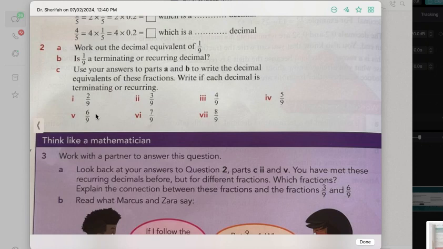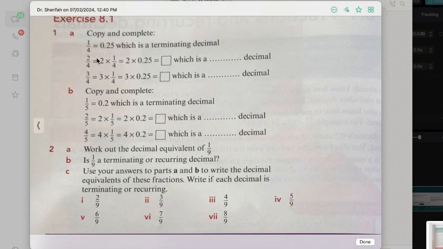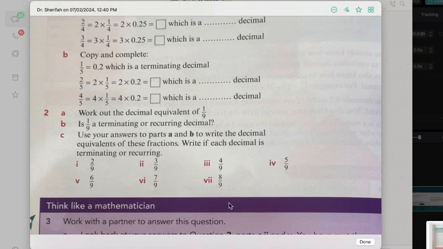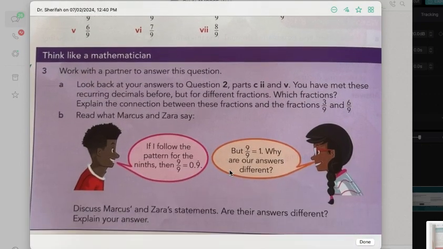So this one is the same as the 2 over 3 we talked about before, and this one is the same as 1 over 3, which is 0.3 recurring. Is that okay? So that's what we have for this one.